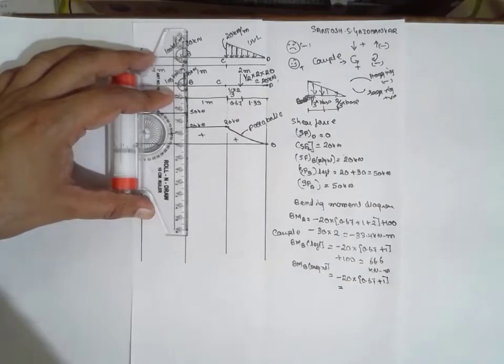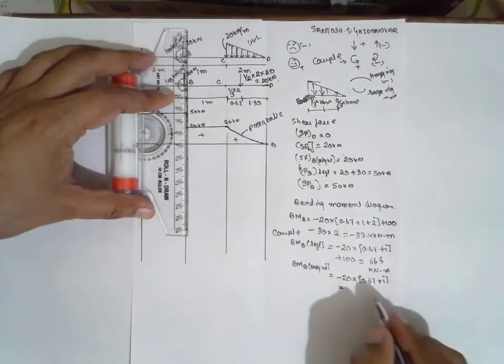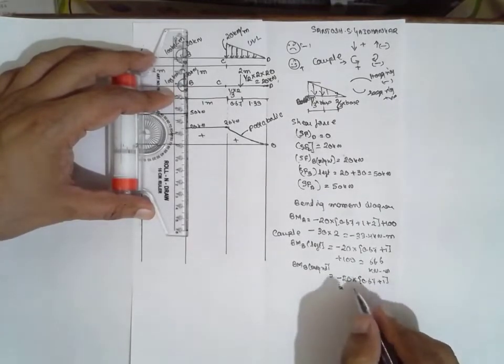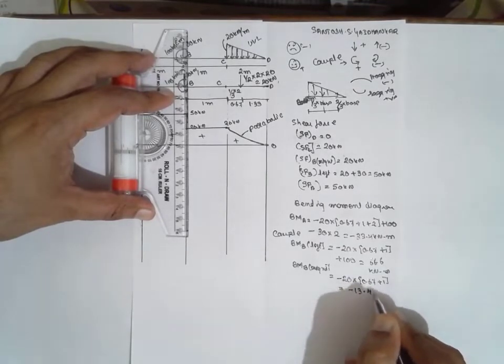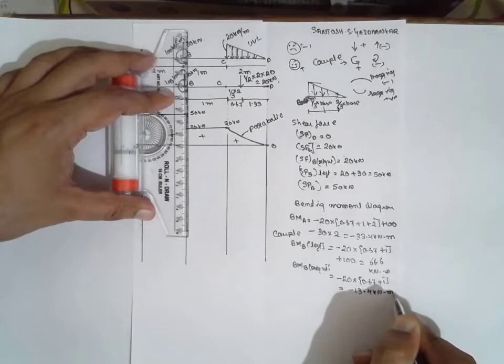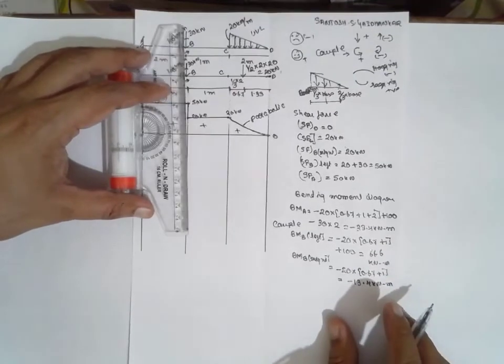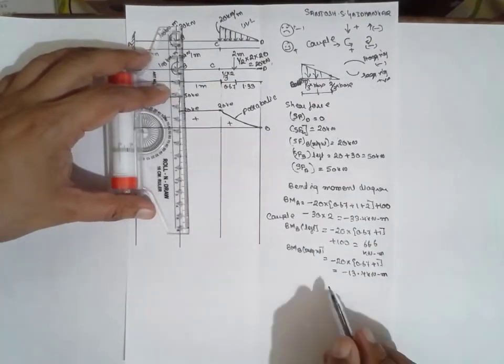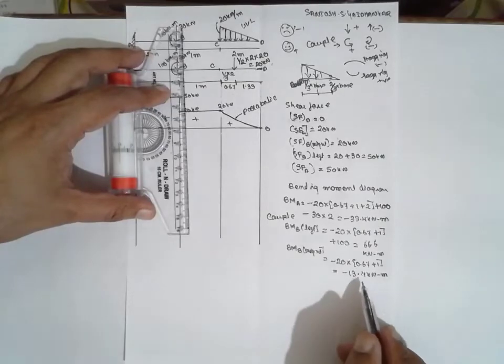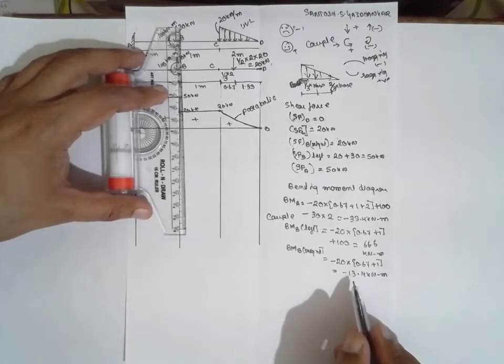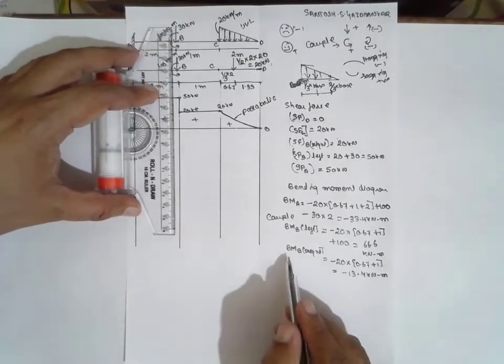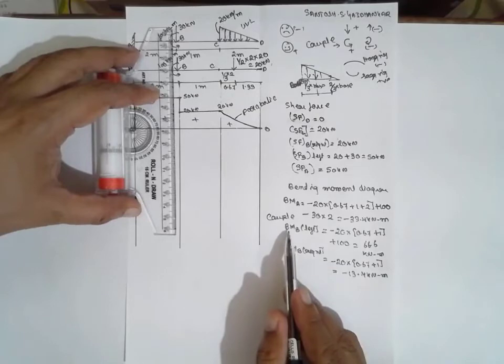The value will be minus 13.4 kilonewton meter. Now we got left and right of the couple here.